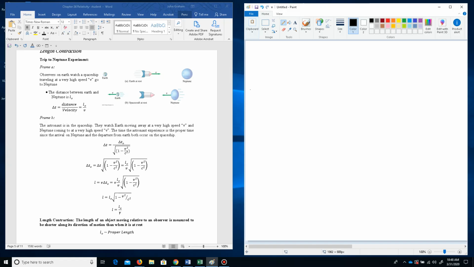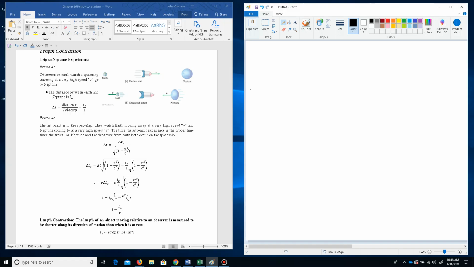So the time it takes to go from Earth to Neptune is equal to the time the astronaut experiences to go from Earth to Neptune, over this square root of 1 minus v squared over c squared.